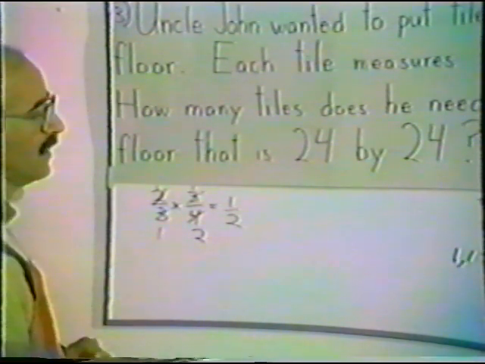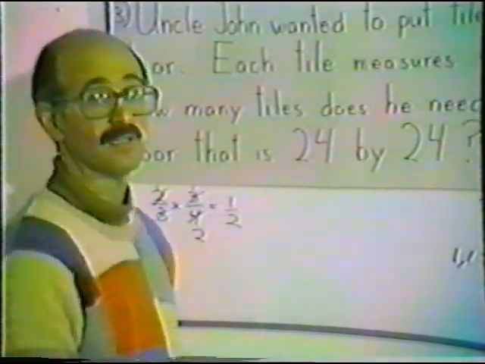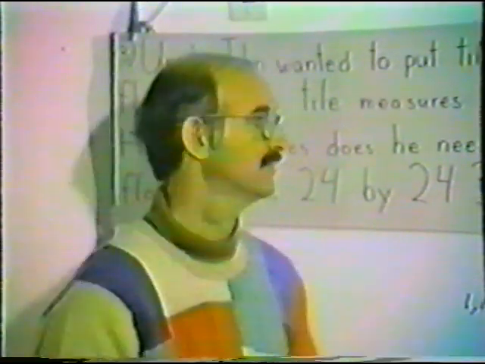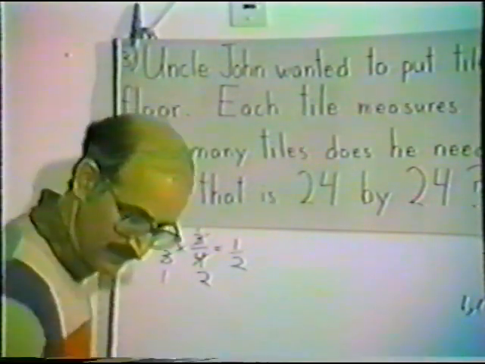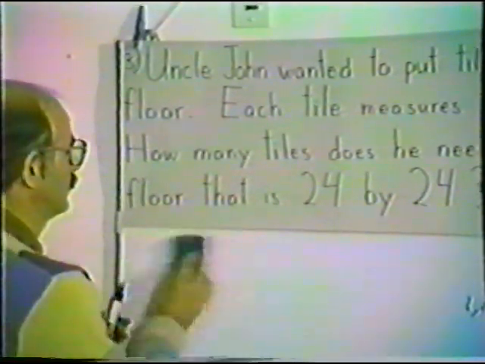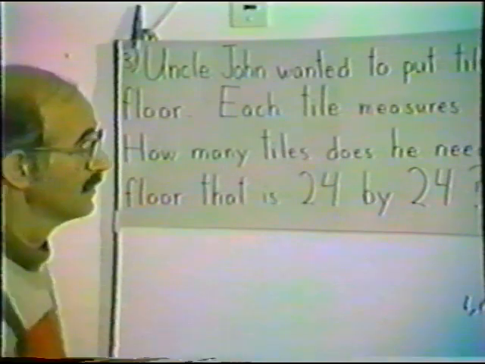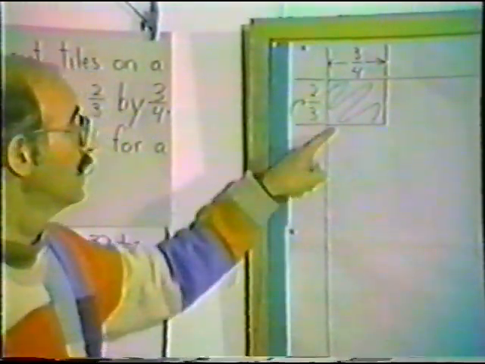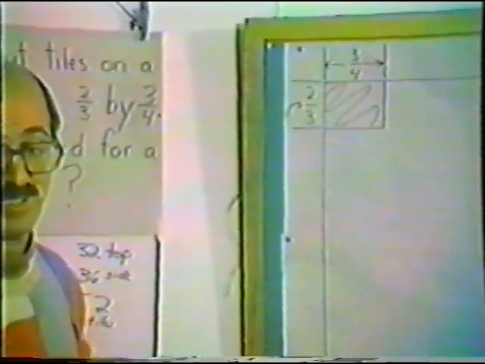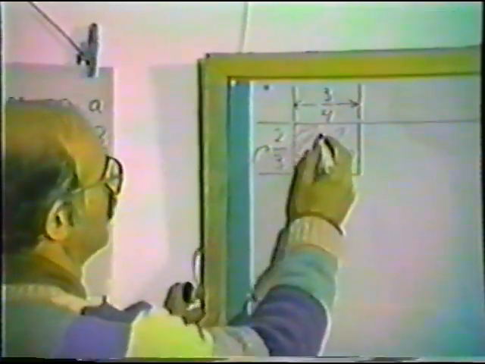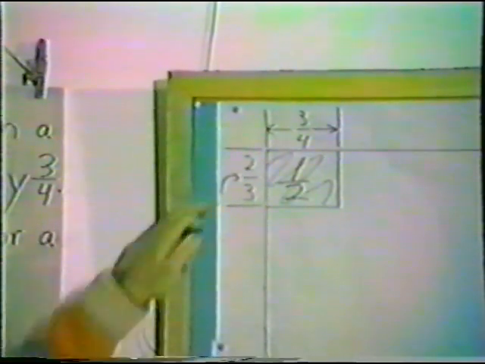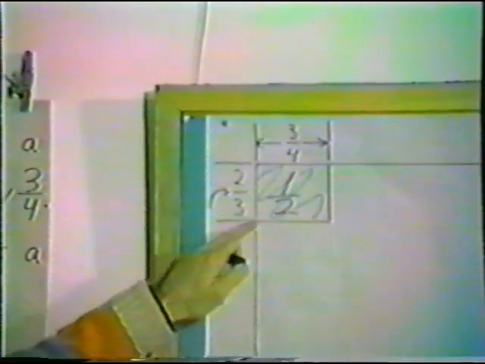So the area, the space included in one of those little tiles is 1/2. Let's look at our diagram again. The space of one little tile in here is 1/2, because 3/4 times 2/3 is 1/2.